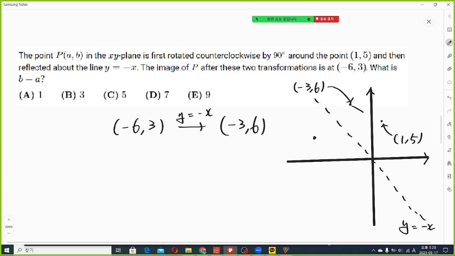So if we rotate this one 90 degrees, yep, let's say this is 90 degrees. And what will be the new coordinate?